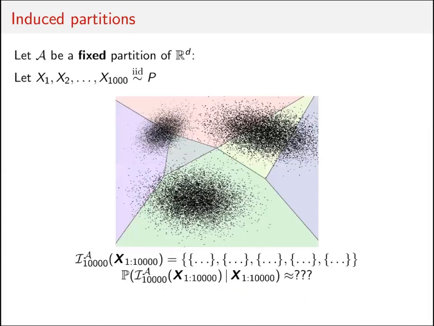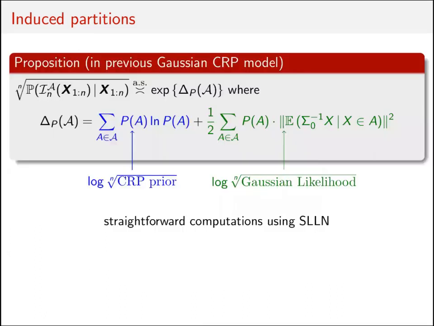Now, coming back to this induced partition problem, the partitions obtained firstly by partitioning the observation space and then taking a prior, computing the approximate expression for the prior weight. Well, this is what was before for the Gaussian CRP model with the same covariance for every cluster, and these were straightforward computations.